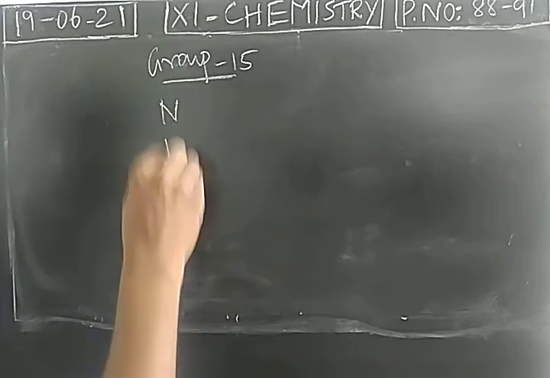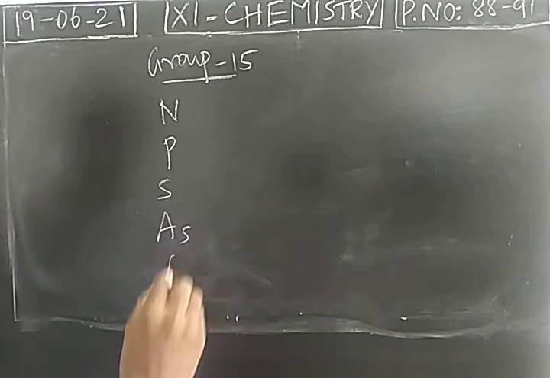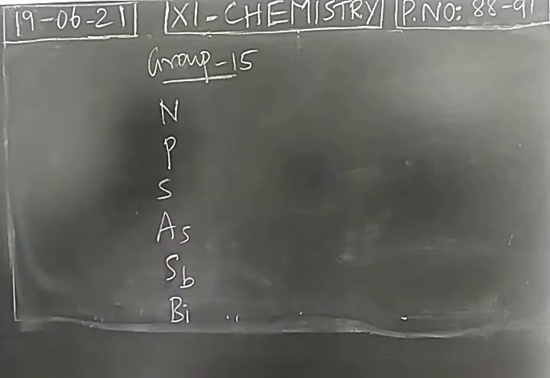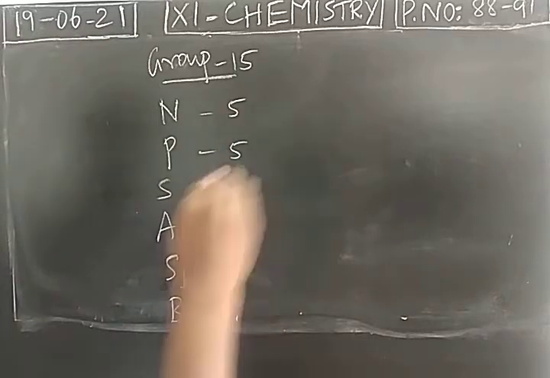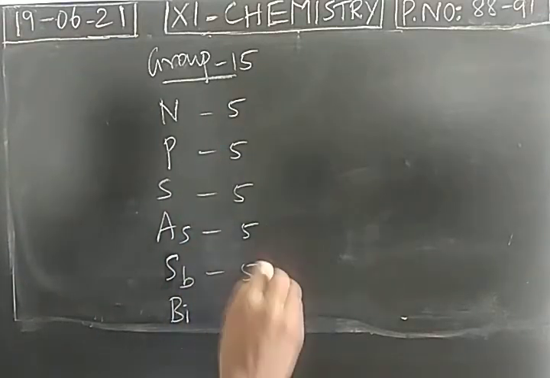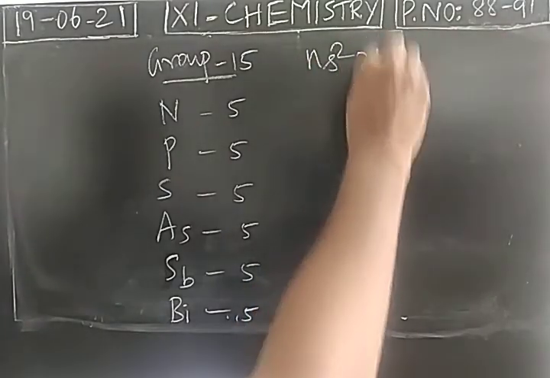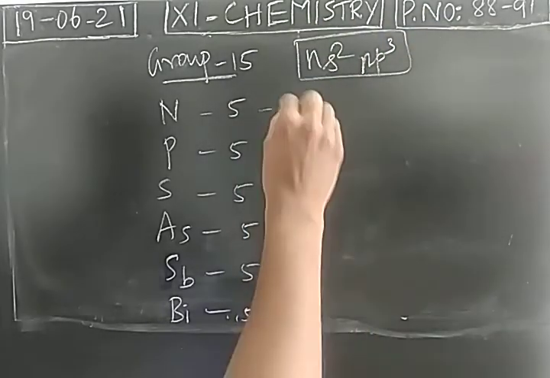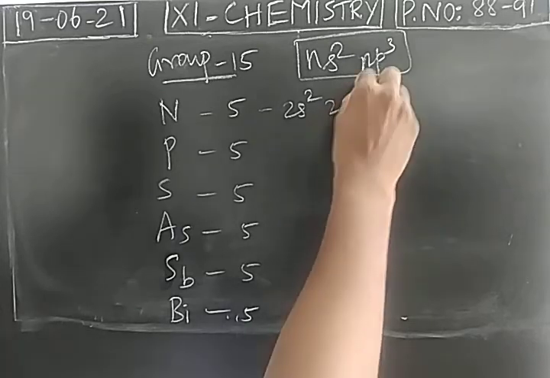Nitrogen family: nitrogen, phosphorus, arsenic, antimony, bismuth. When you take group number 15, the number of valence electrons is 5. So the general outer electronic configuration is ns2 np3. When you take nitrogen, the outermost shell is the second shell, so 2s2 2p3.